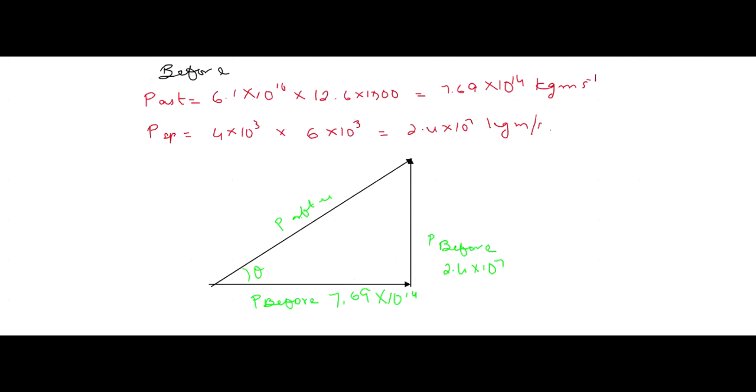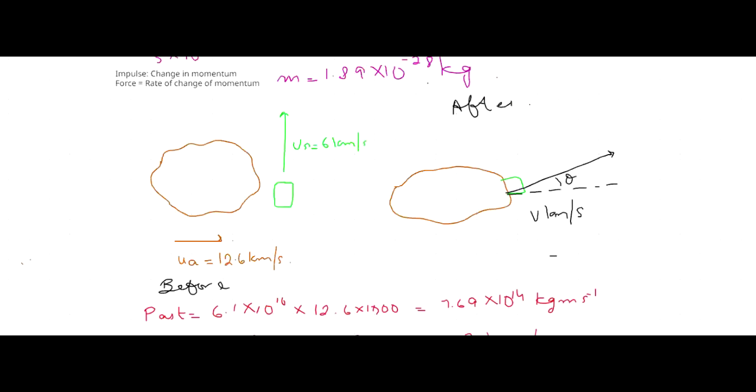Because we know momentum before the collision is equal to momentum after the collision, right? Whatever the momentum before the collision is, that is equal to momentum after the collision. Think of it this way. Momentum is related to force, right? Force is the rate of change of momentum. This object is applying a horizontal force.